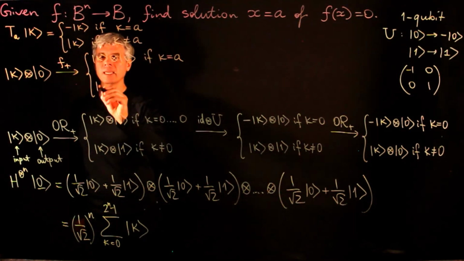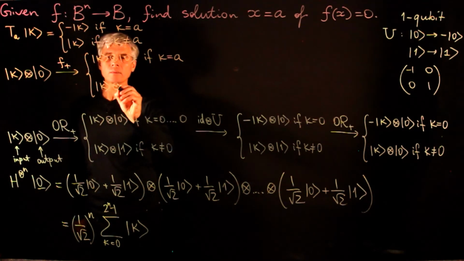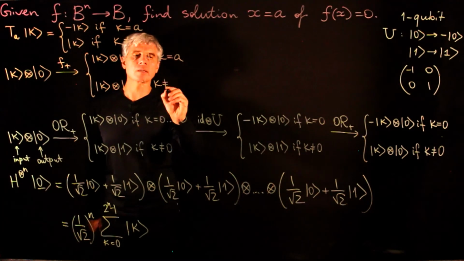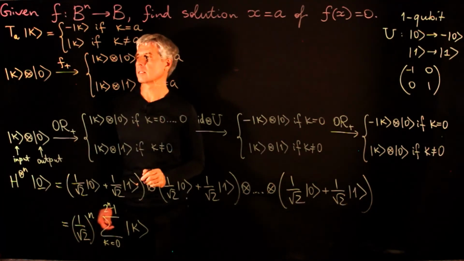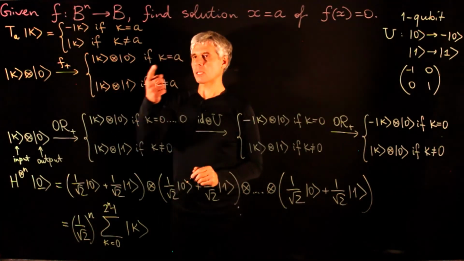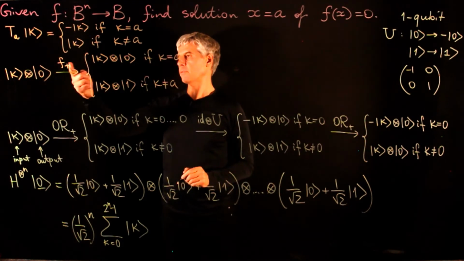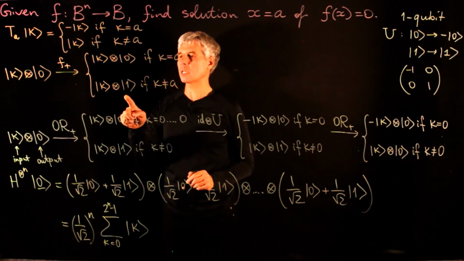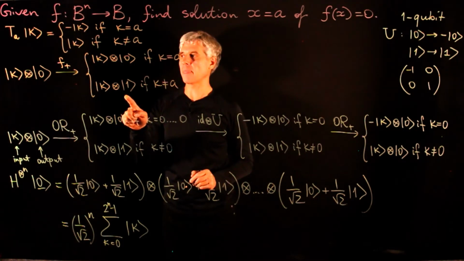And it will be |k⟩ tensor with 1 if k is different from a, right? Because for k equals a, f will produce output 0, and for all other inputs, it will produce value 1.